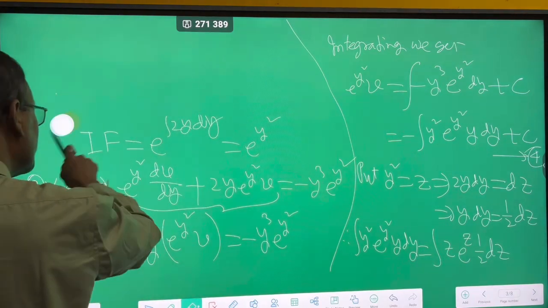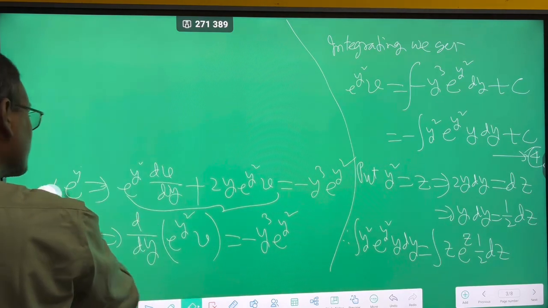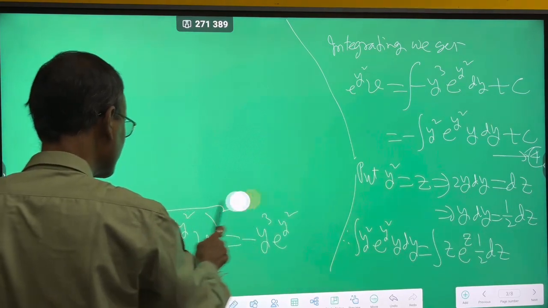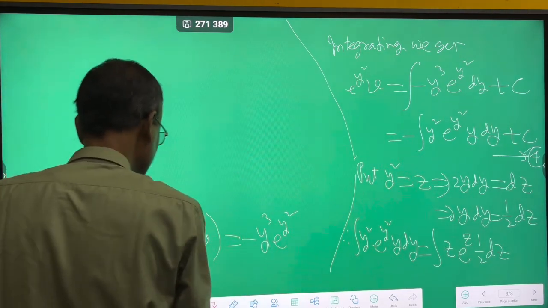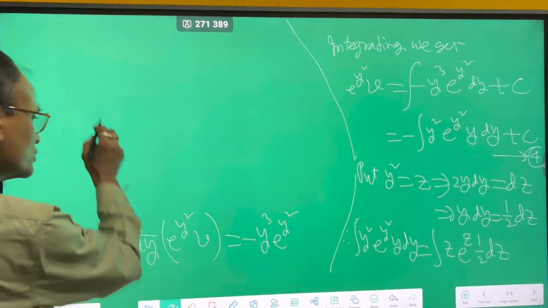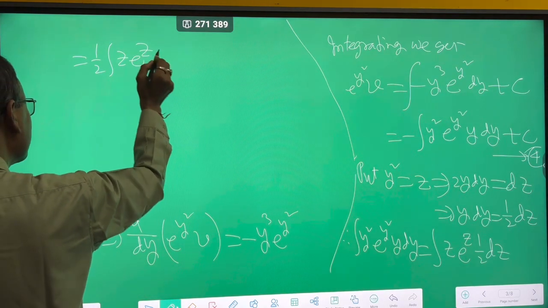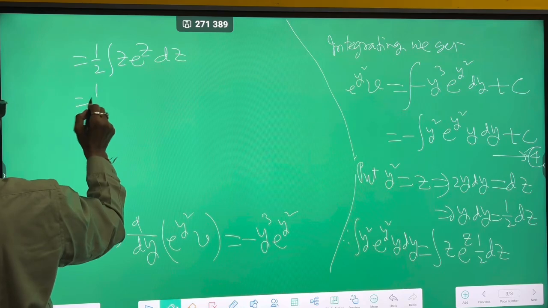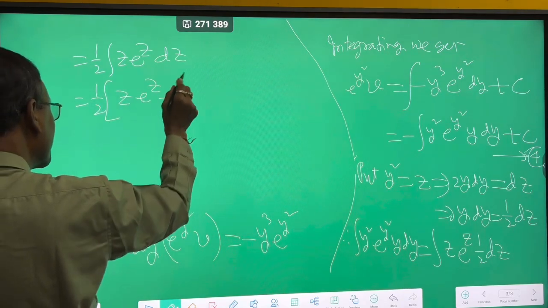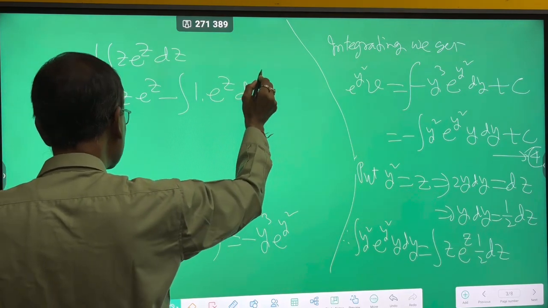Which is equal to half into integral z e to the power z dz. This is equal to half into first function z, integration of the second function, minus integral differentiation of the first function, integration of the second function whole integral.